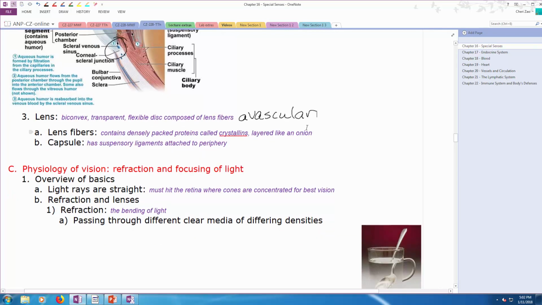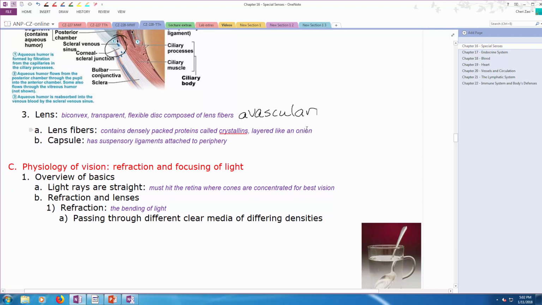So the lens itself has a capsule, and when we look at various organs, like the liver, it has a capsule, the kidneys have capsules. Remember, the bone had periosteum, cartilage has perichondrium. So there's always this nice protective layer around very important structures and organs.